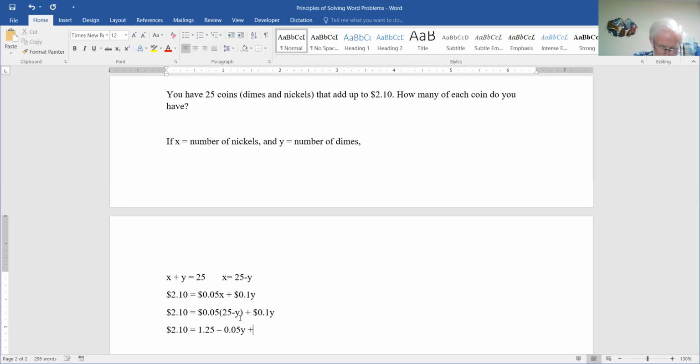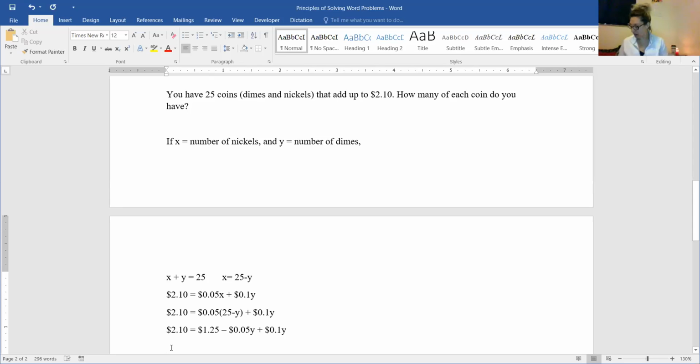And then it's plus 0.1y. I'm going to leave the dollar signs out because I'm getting lazy. We know the dollar signs will cancel. Well, I'm going to leave them in because we need to understand that too. So much for being lazy. Okay. So now we combine these terms.